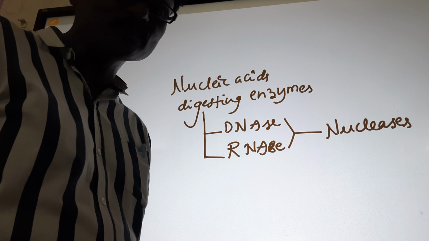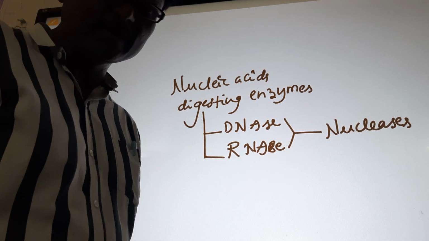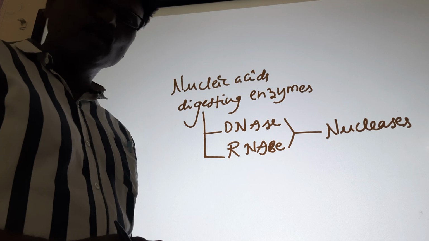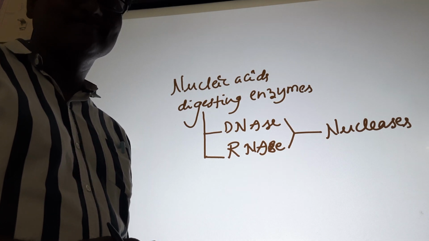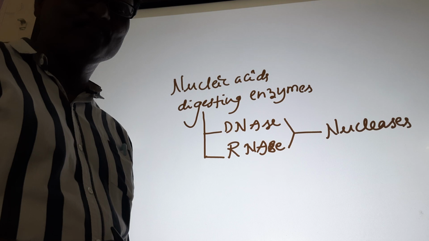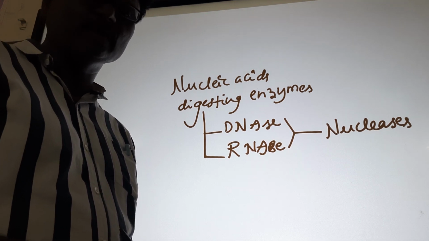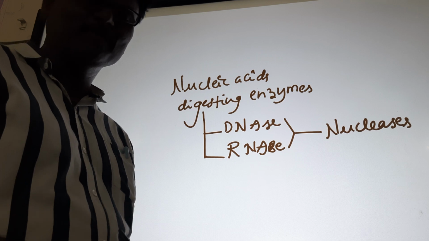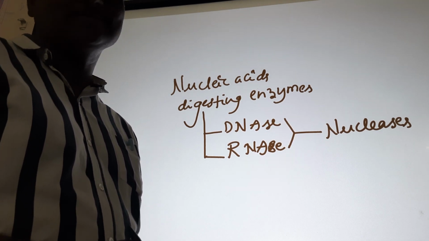Carboxypeptidases, chymotrypsinogen, trypsinogen, etc. What is a carbohydrate digesting enzyme? Pancreatic amylase.